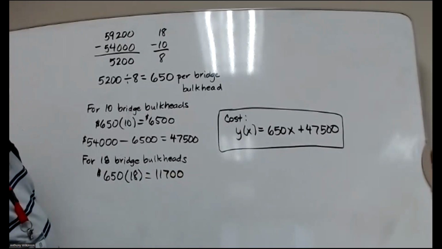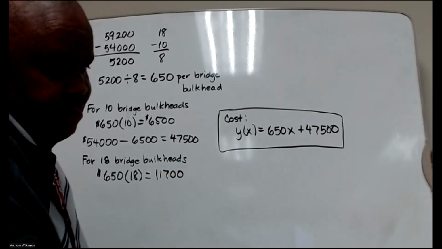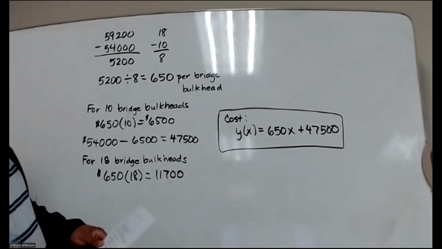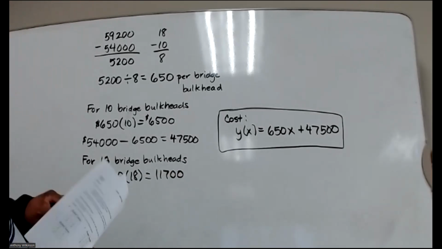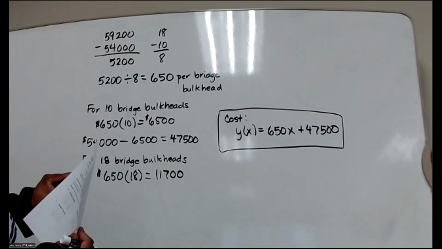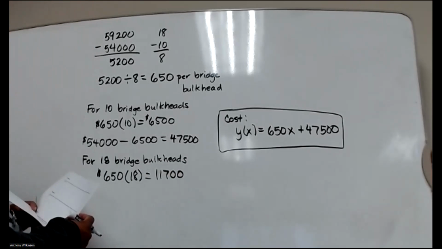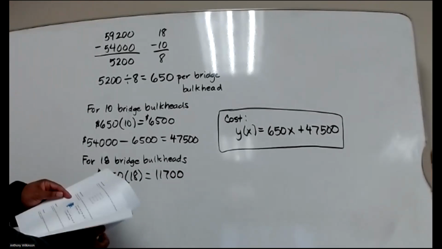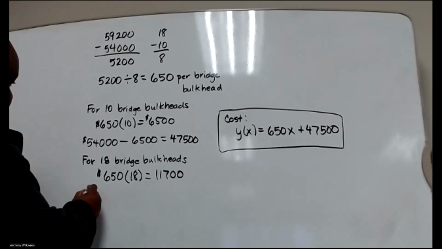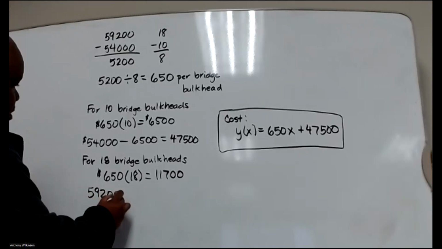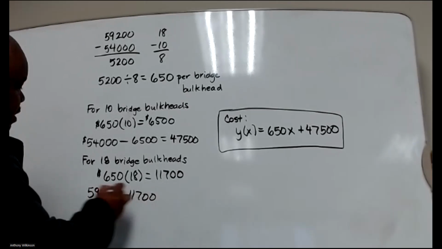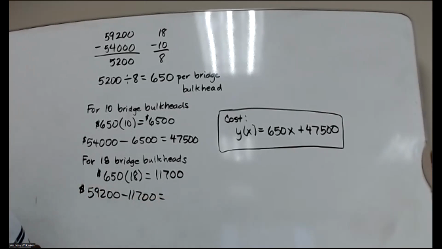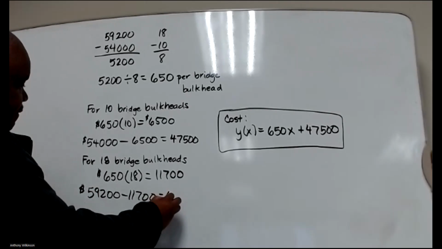And you were told that 18 bulkheads, I forgot, will cost $59,200. So subtract 11,700 from the 59,200. That will also be $47,500.